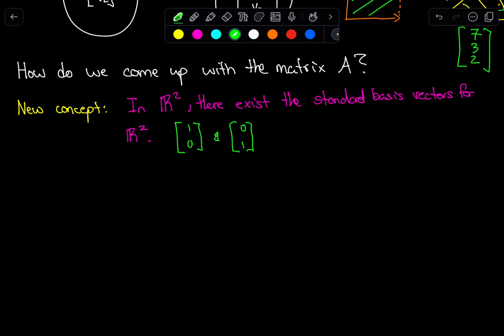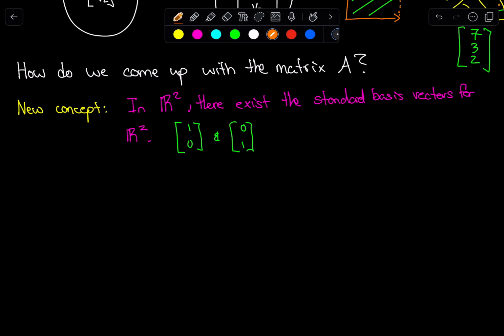So for now, by the standard basis vectors, what we mean is that these are two linearly independent vectors that span all of R2. Or in other words, the vectors 1, 0 and 0, 1 could build any other vector in the space.